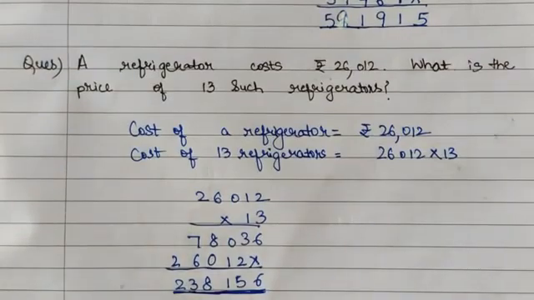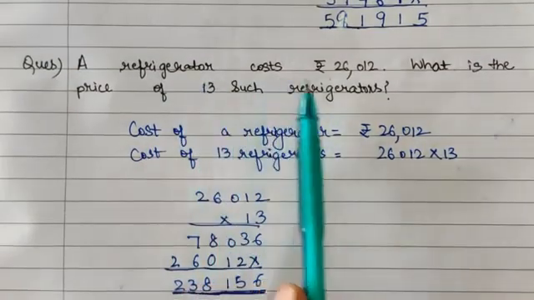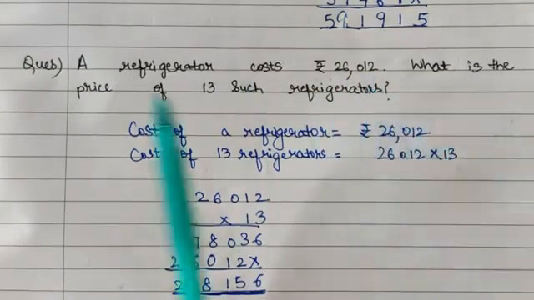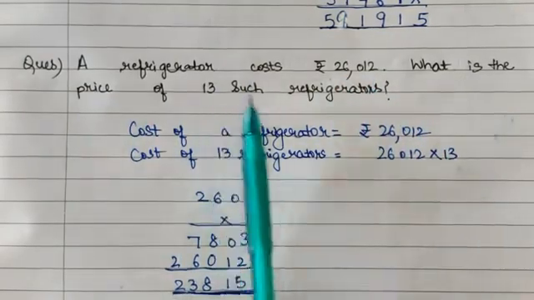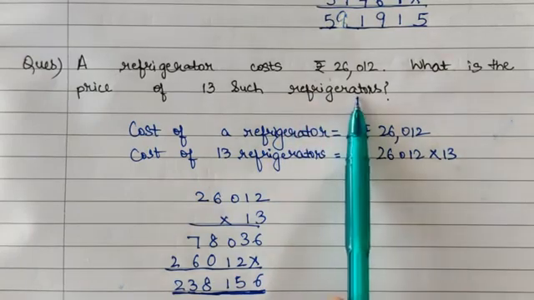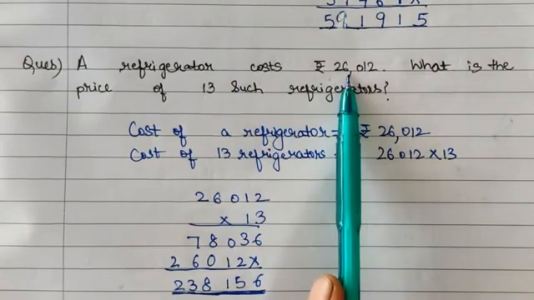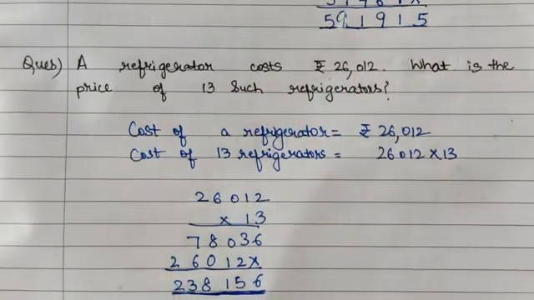Now let us do the problem sums based on this. First one is, a refrigerator costs rupees 26,012. What is the price of 13 such refrigerators? Now the cost of one refrigerator is given to you and you have to find the cost of 13 refrigerators. It means for one the cost is given and for more you have to find out.